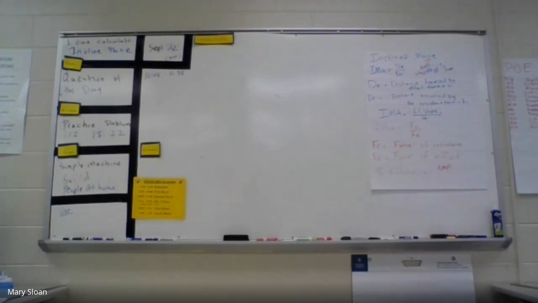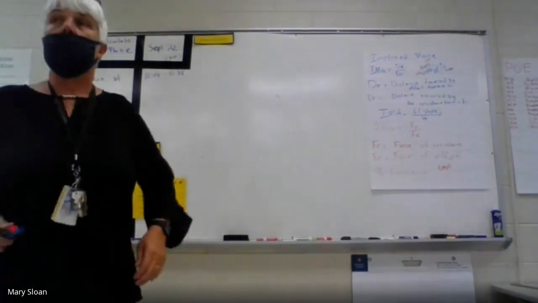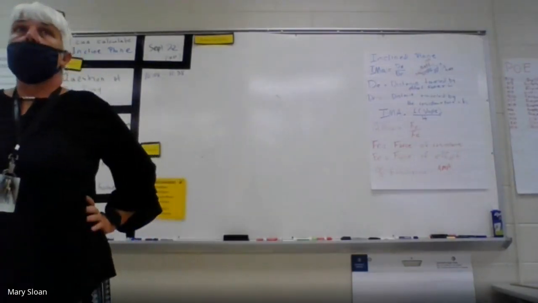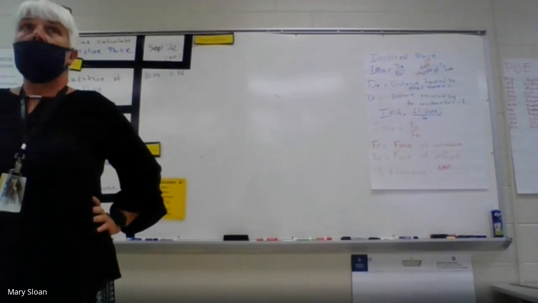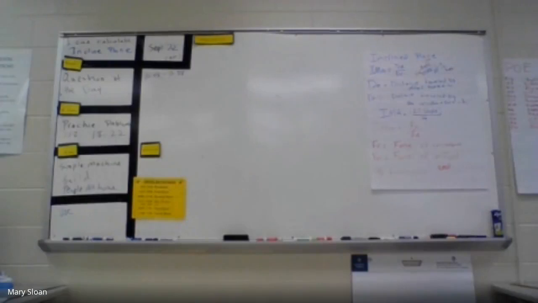Ask me questions. For IMA it would be 15 divided by 4, and for AMA it would be 50 divided by 20, because if you look at the diagram we had, the range was 20 and the height was 4.